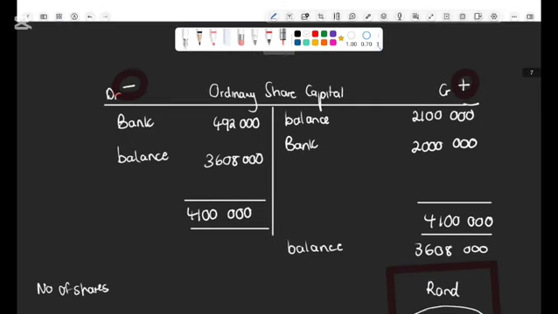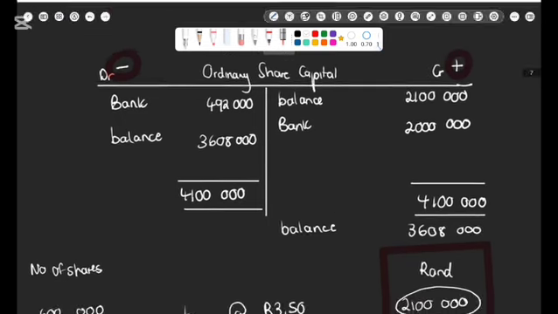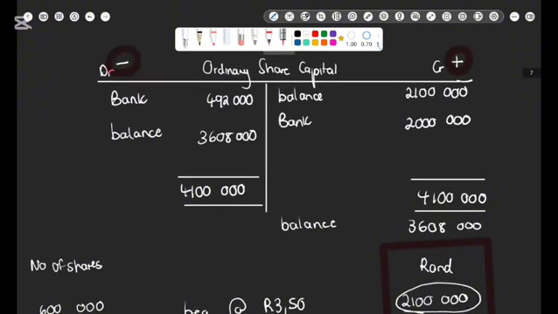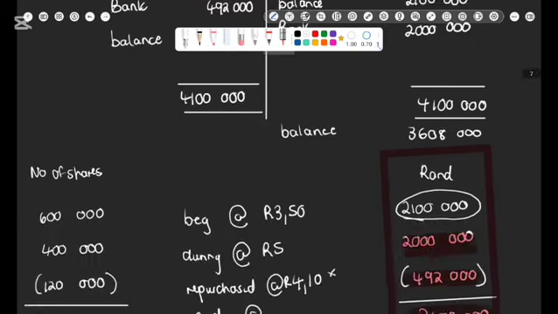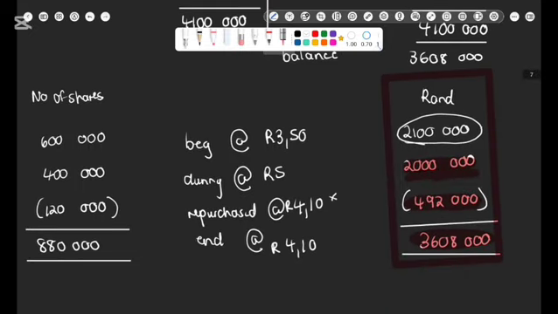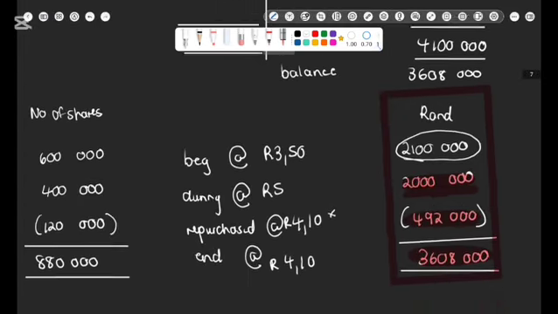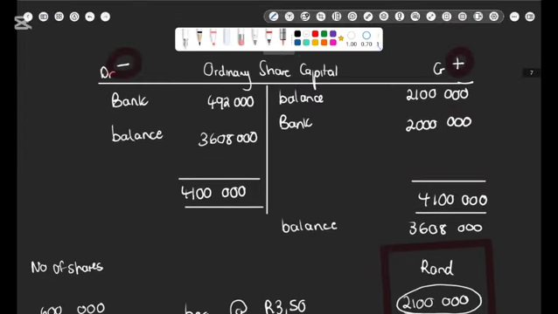So that's how you would prepare what? Your ordinary share capital note. So this is your ordinary share ledger account. This is why I say if you know your note, then you obviously know your T account, because what you have on your note is exactly what's going to be in your T account.